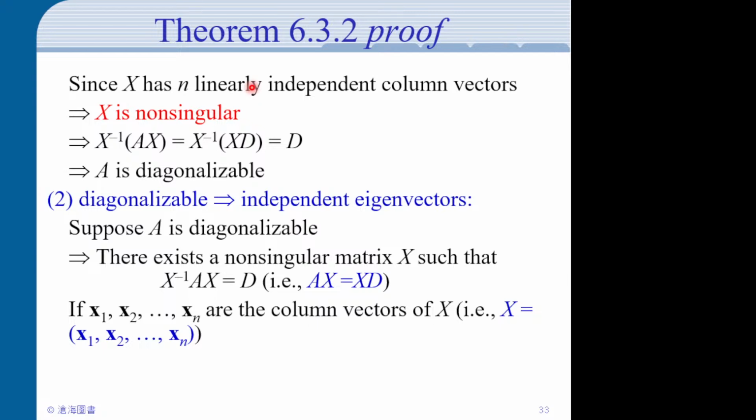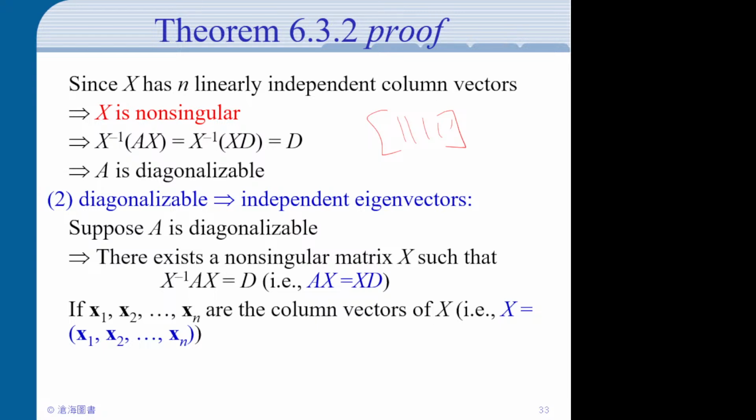The only place we need linear independence is that our X is n vectors of n dimensions, a square matrix, and this matrix is non-singular if and only if all the columns of X are linearly independent.